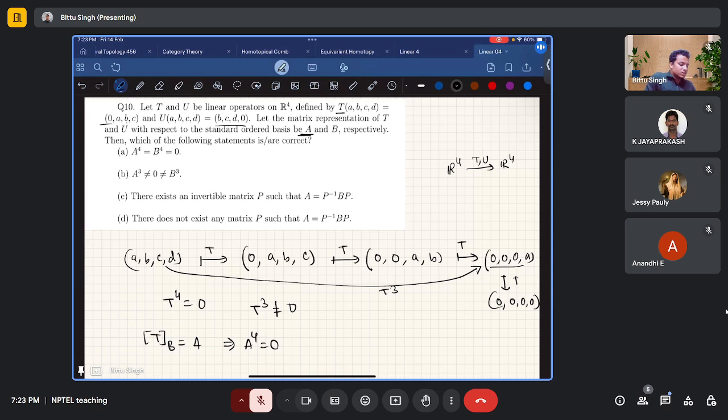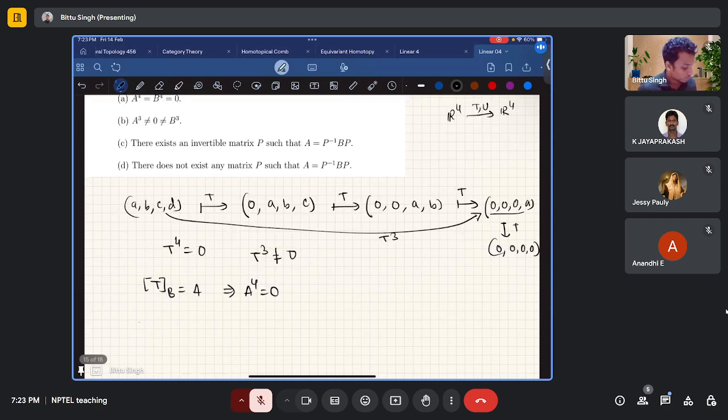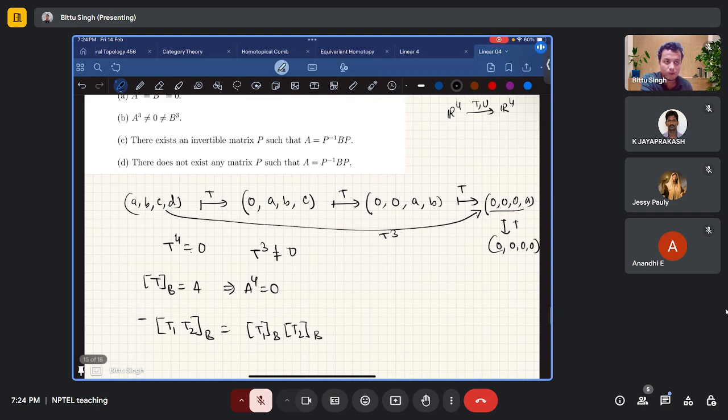There is a theorem you can look at, that the matrix representation of T1 times T2 is the same as the matrix representation of T1 times the matrix representation of T2. So from here it is clear that since T to the power 4 equals 0, their matrix representation also will be 0.